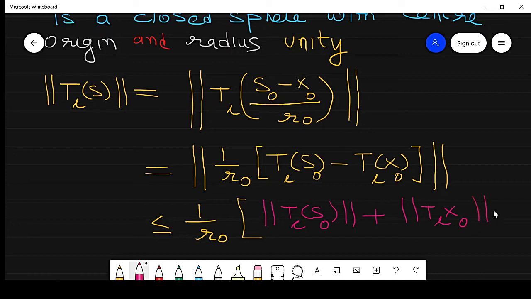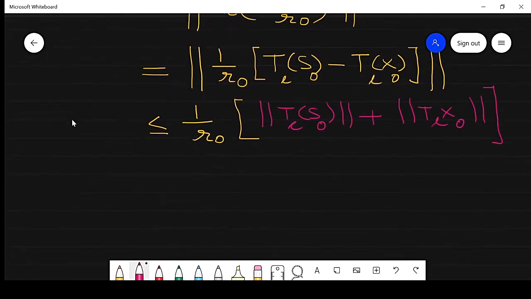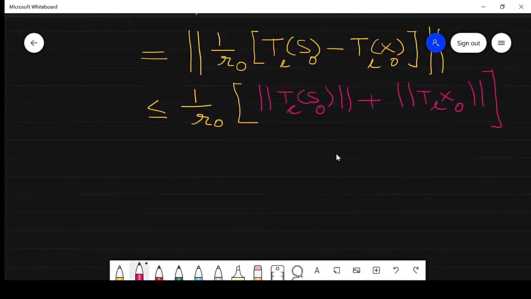Now what is Ti S0? Ti S0 is a subset of Fn0, so it is a part of Fn0.